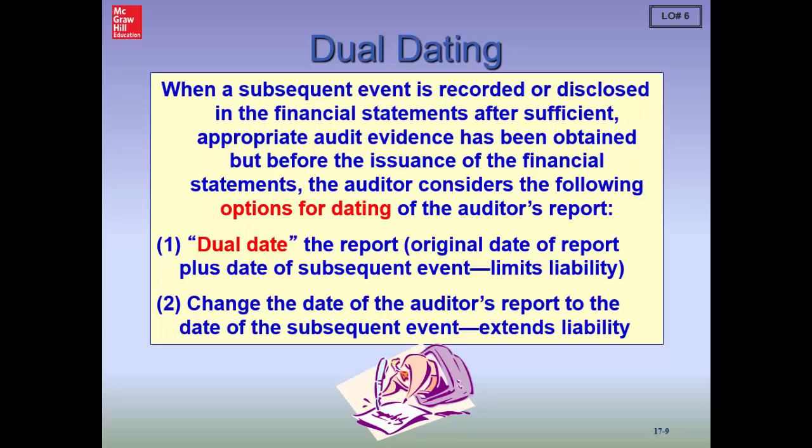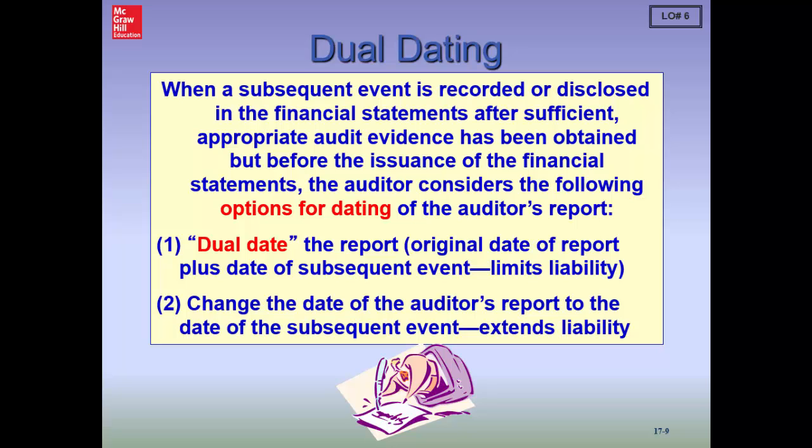So the dual date would be that the audit report would be identified as the date of the audit, and then we would say, except for item number 20 in the disclosures that's dated March 1st. What this does is it does a couple of things. It limits our liability, because all we're saying is that after we left the organization and before the issuing of the financial statements, something happened and this one particular item happened.